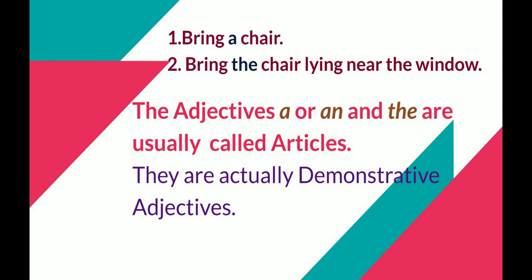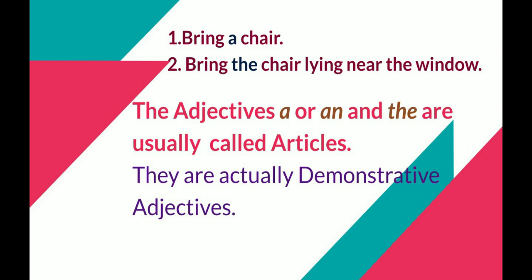In first sentence, after A, the noun chair is written, and again in second sentence, after the, a noun is written which is chair. I hope that you know that the words which qualify a noun is called adjective, right?